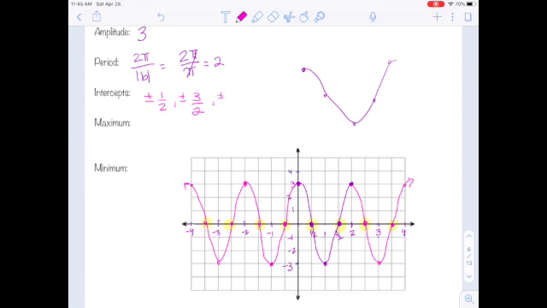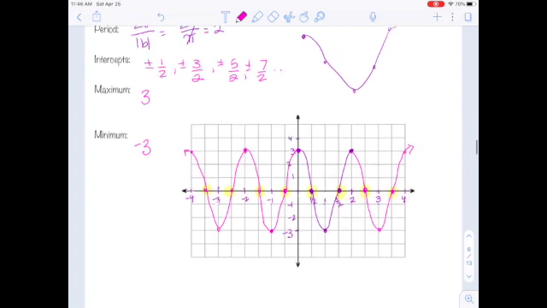Keep going, plus or minus. We've got 3/2 and then 5/2, plus or minus 7/2. And I mean, you can keep going at that point. Our max value is 3, our minimum value is -3, and that pretty much completes our graph for that.